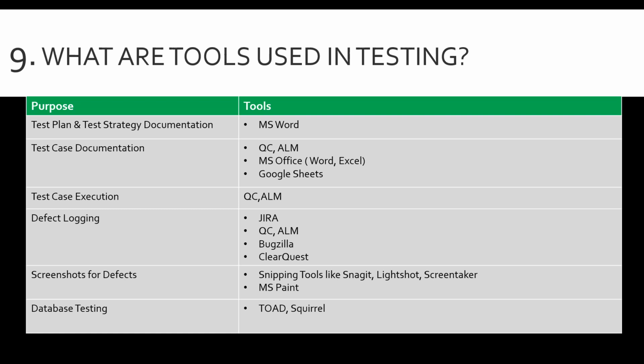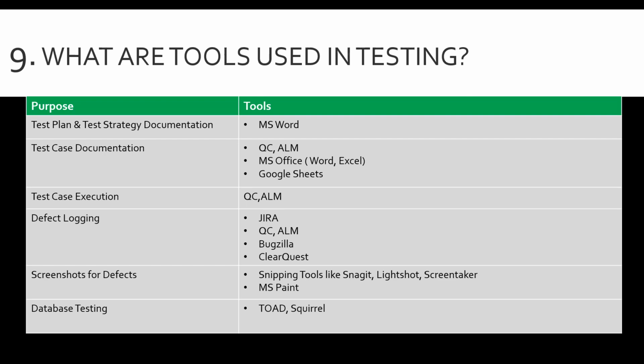And then for execution, QC or ALM is used. In the tool itself, once the test cases are done, instead of updating an Excel spreadsheet, the testers can update it directly in the tool itself, and reporting is very quick. You can just export the whole results based on the test execution update done in QC or ALM. So that's one key tool.